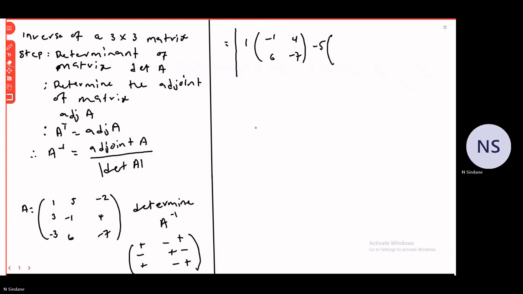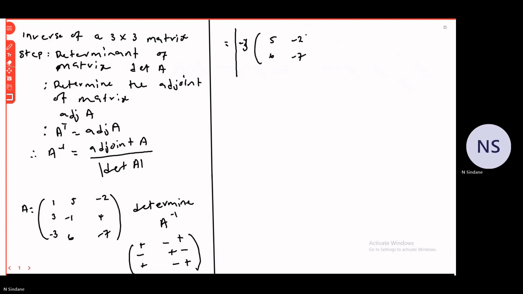We said we are choosing the second column. The second column, I'll have minus 3, because I want to show you that even if you use the second column, you'll still get the same thing. I have minus 3, then 5, 6, and then minus 2, minus 7.